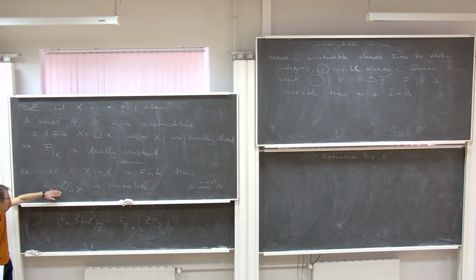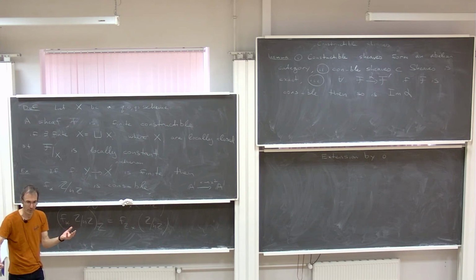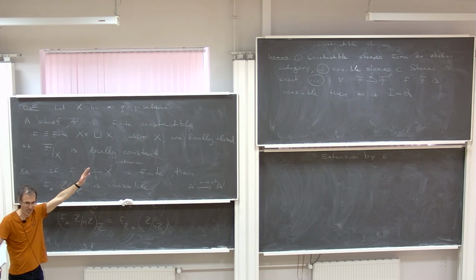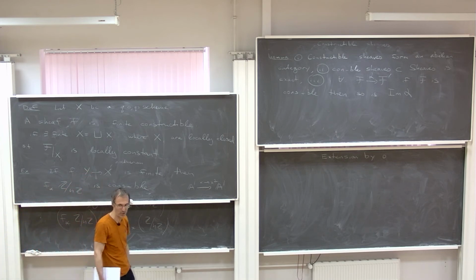You can prove that for an open immersion, the j lower star of a constructible sheaf is constructible. What is really non-trivial is that the same is true for the higher derived direct images. In particular, it would say that cohomology of a scheme with coefficients in a constructible sheaf is constructible, meaning that it's finite. We did this with some effort for curves and for Z mod n, so generalization to higher dimensional varieties is highly non-trivial.